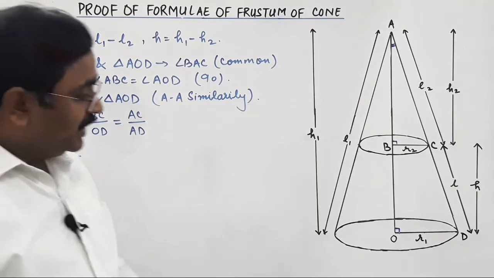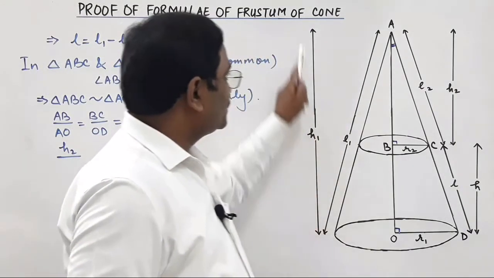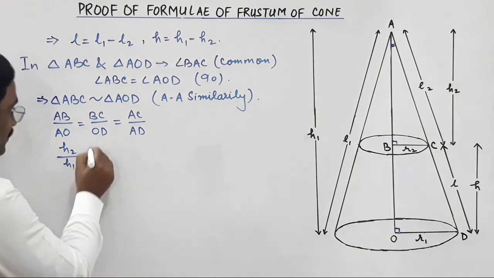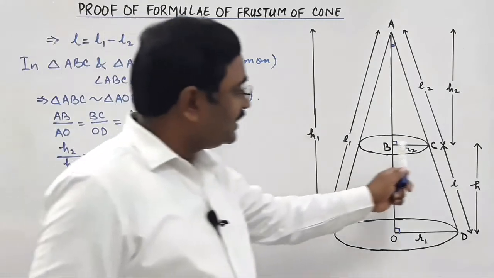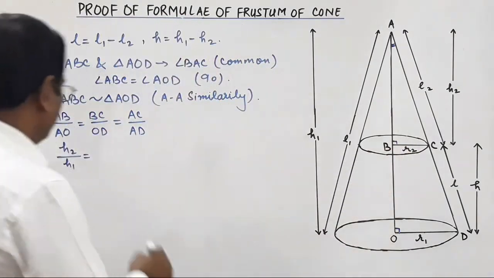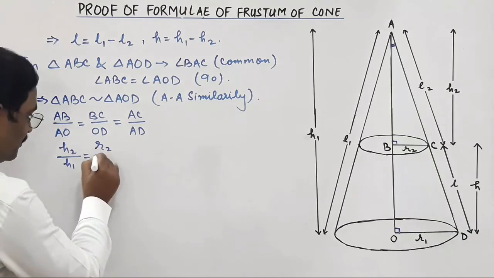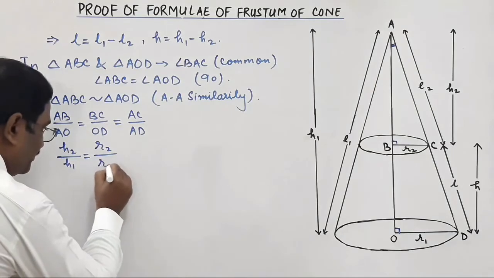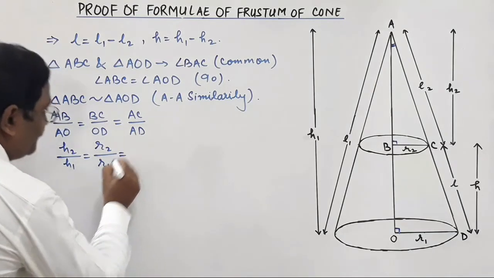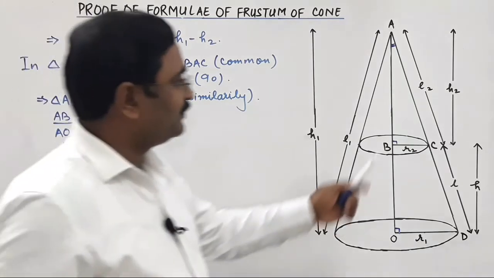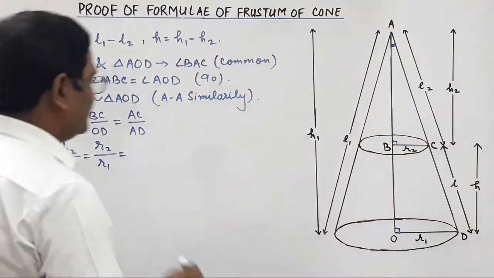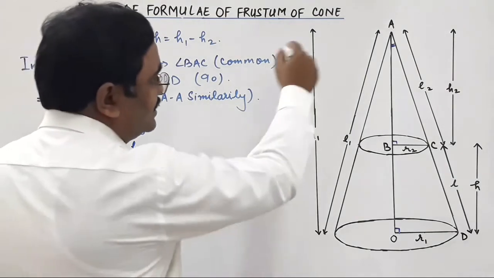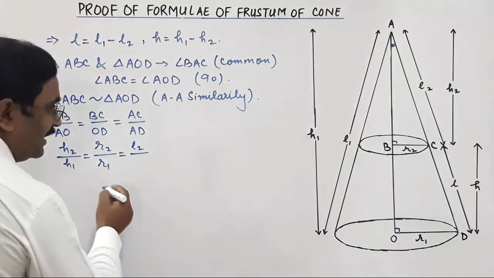AO is the height of the bigger cone, which is h1. So h2 upon h1 equals BC, the radius of the smaller cone, which is R2, upon OD, the radius of the bigger cone, which is R1, equals AC, the slant height of the smaller cone L2, upon AD, the slant height of the bigger cone L1.